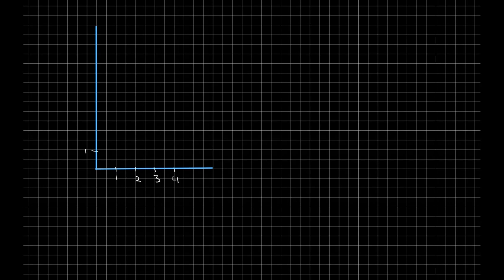Here I have 1, 2, 3, 4, 5, 6, 7, and let me draw a line. Let's draw this line. So here's the line that I'm trying to draw. So this is a straight line.